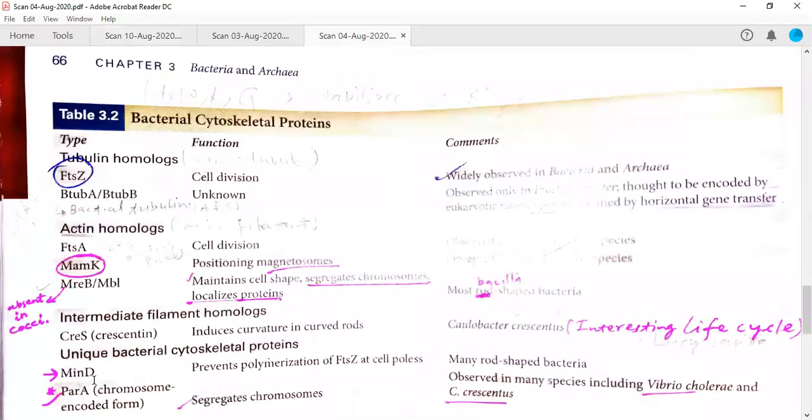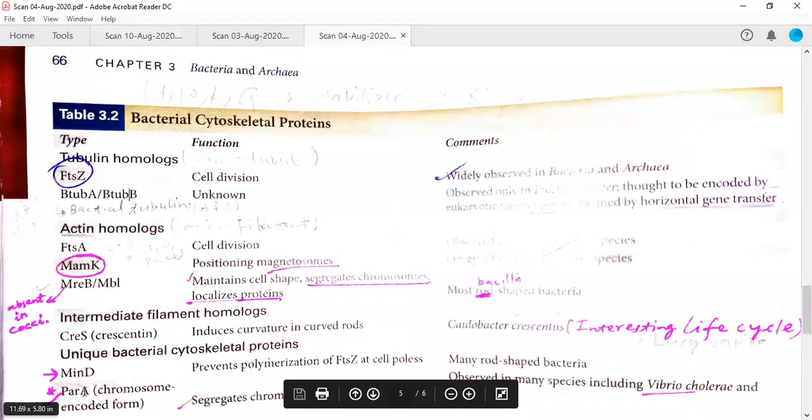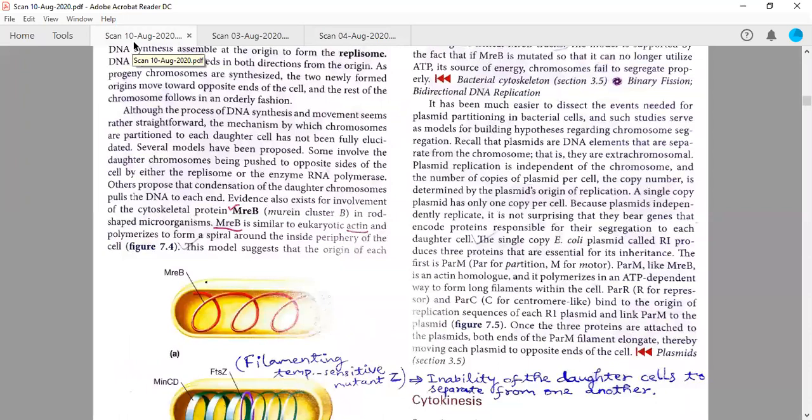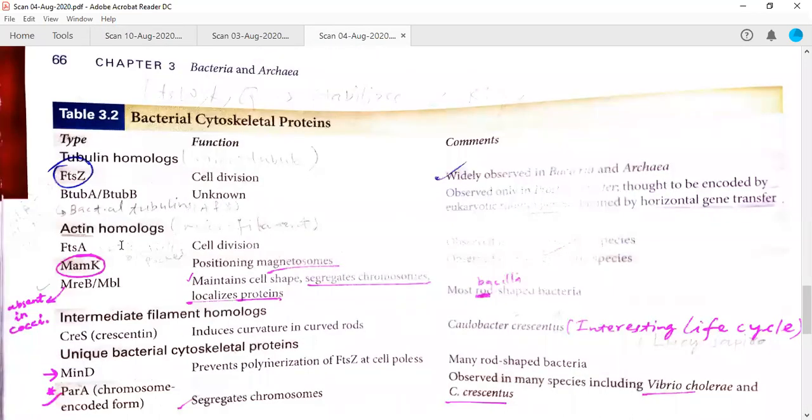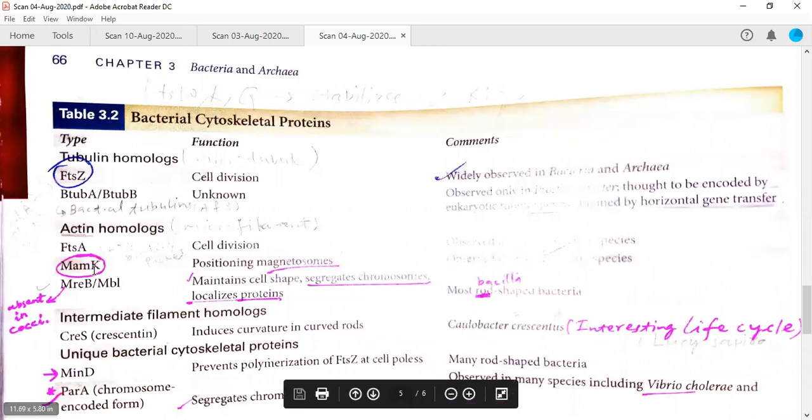Here ParA is written as a unique bacterial cytoskeletal protein, but ParM protein is discussed in the reference book, Prescott. This is an actin homolog actually. So if you are noting this table, please add ParM protein here somewhere, so that you will remember this is an actin homolog.